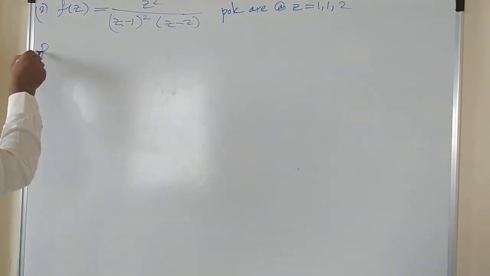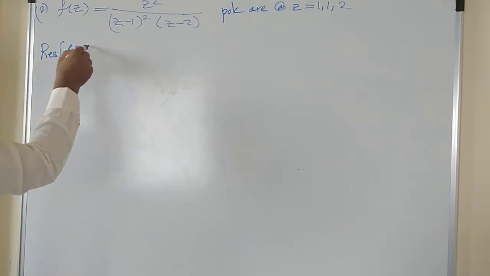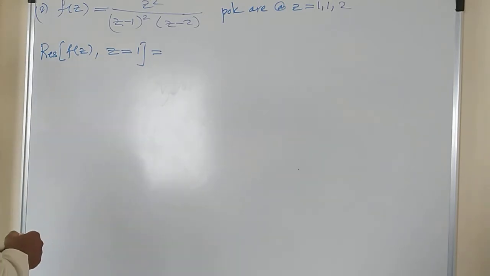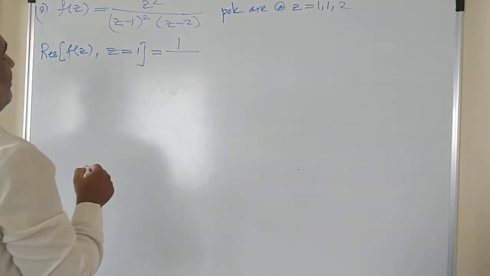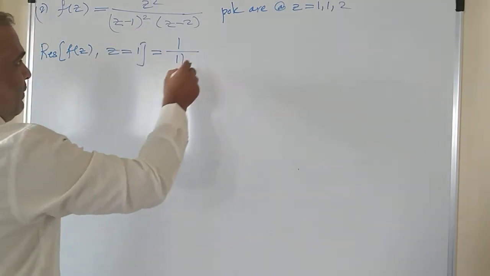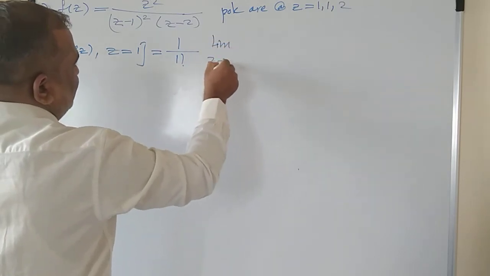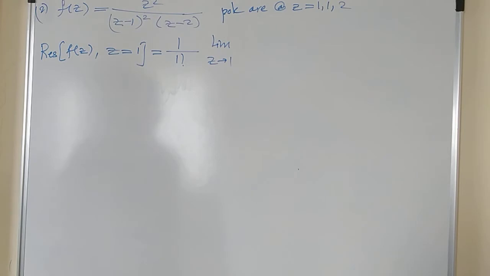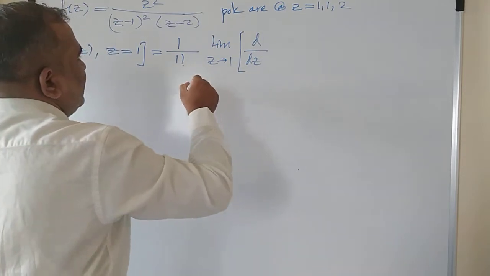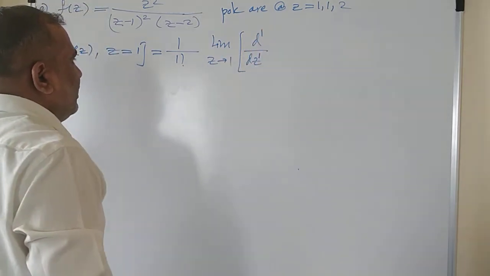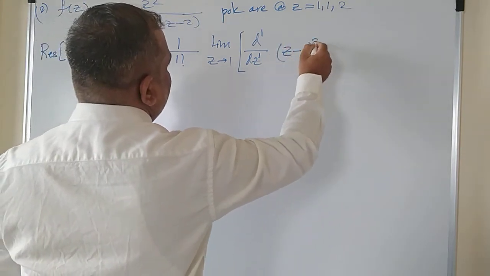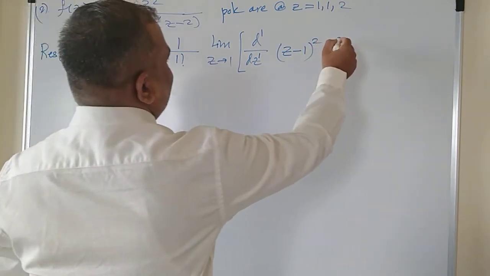Now the residue of the function f of z at z is equal to 1 is equal to 1 upon n minus 1 factorial. So n is equal to 2, 2 minus 1 is 1 factorial, so 1 factorial into limit z tends to a into the n minus 1th derivative, right? N minus 1, that means 2 minus 1, first derivative of the function z minus a raised to power n into f of z.